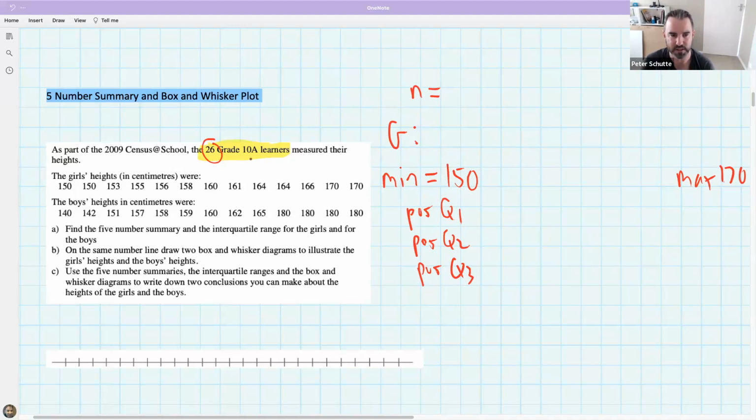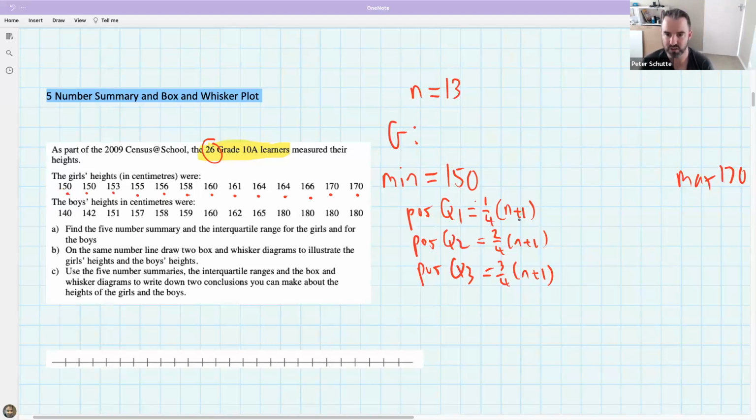What is N going to be for the number of girls in this data set? If I look here, girls, 1, 2, 3, 4, 5, 6, 7, 8. I see the number of girls is 13.